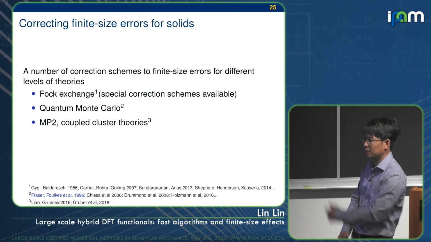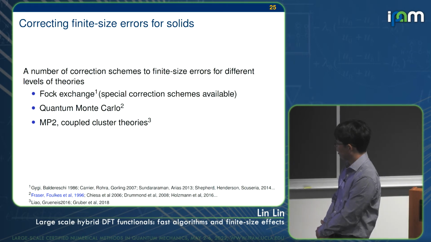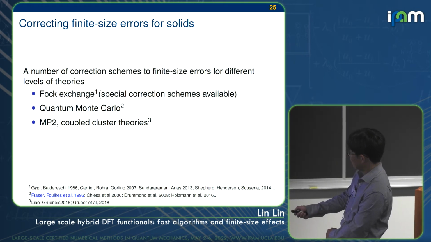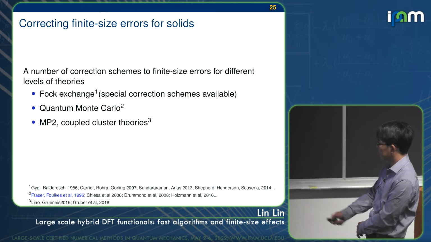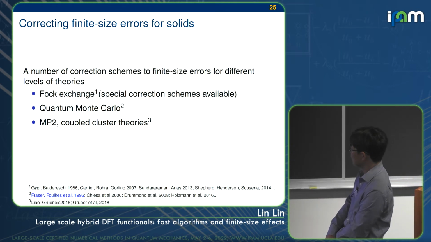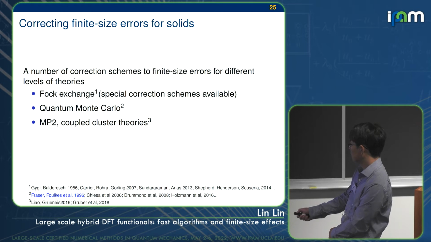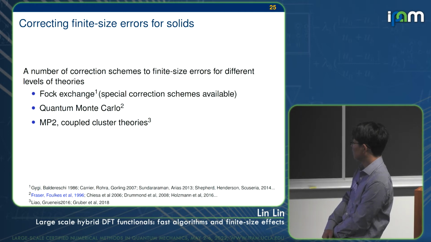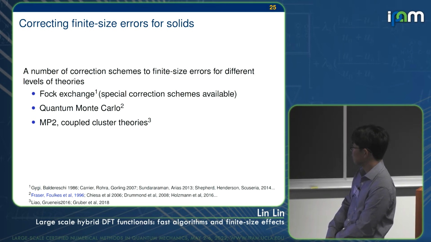David in the audience is one of the leading experts in this area. One of our favorite papers is an earlier one by Fraser, Foulkes, and collaborators in 1996. It really has a lot of useful information, and this has been developed by many people afterwards.